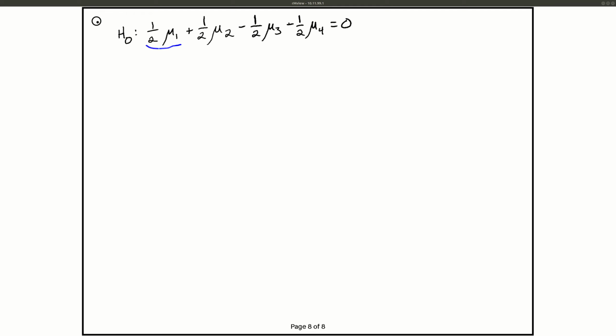So the contrast coefficients are 1/2, 1/2, -1/2, -1/2, and then for mu5, the contrast coefficient is 0. This is our null hypothesis, and the alternative is two-sided, so that would be a not equal here.